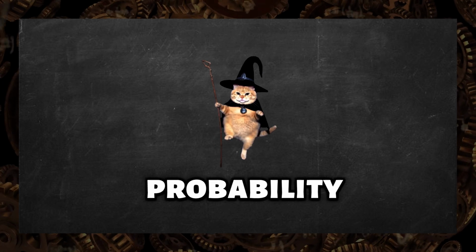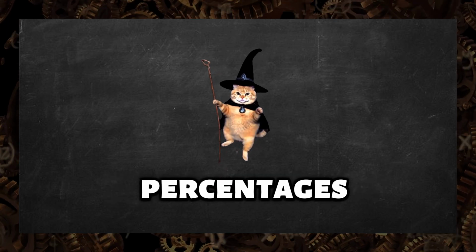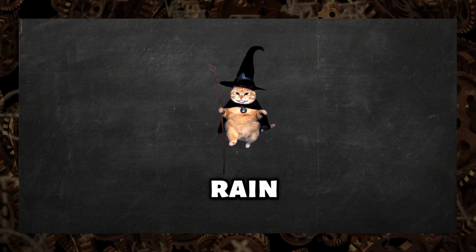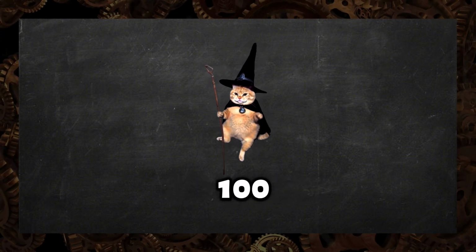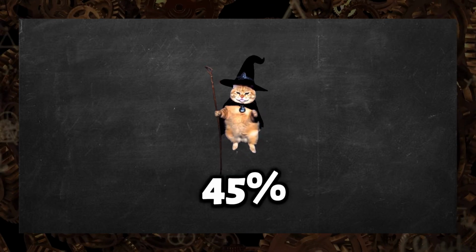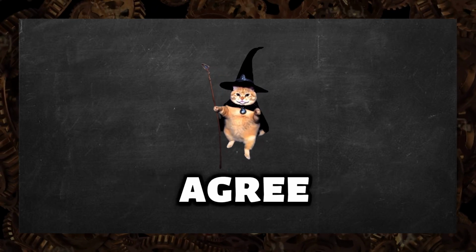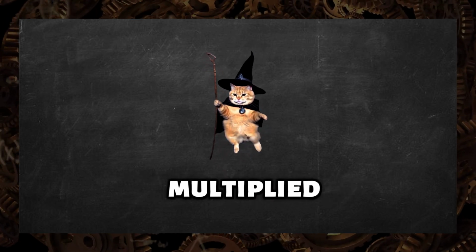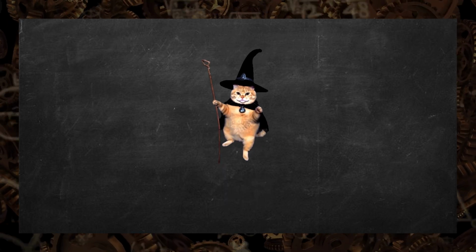In probability and statistics, percentages express likelihoods, like a 30% chance of rain meaning 30 out of 100 possible outcomes, or survey results where 45% of respondents agree, derived from the ratio of agreeing to total multiplied by 100.